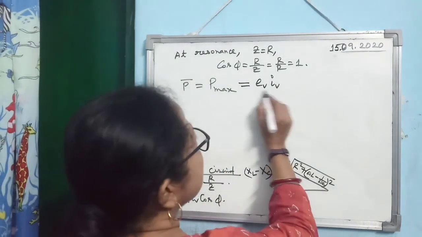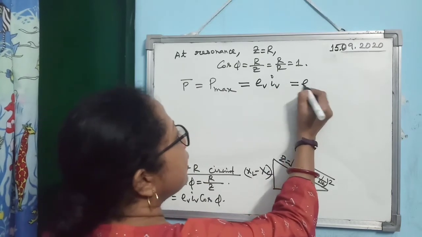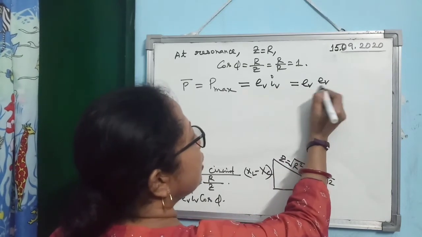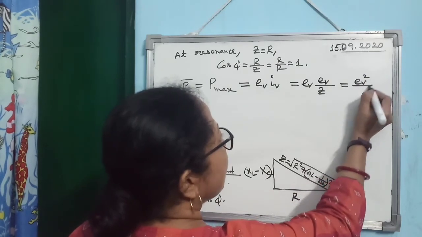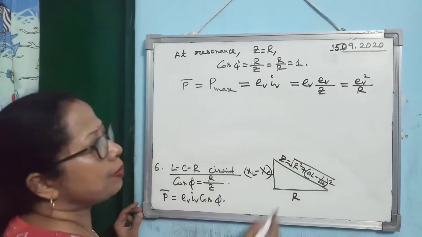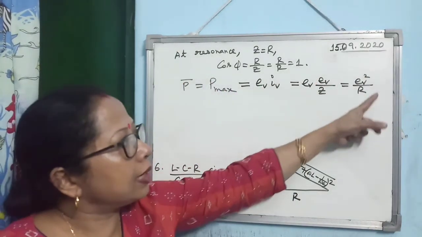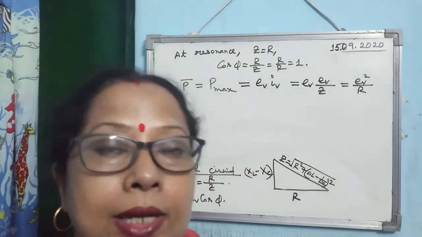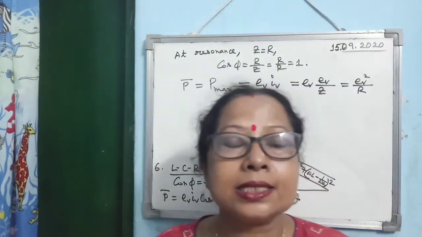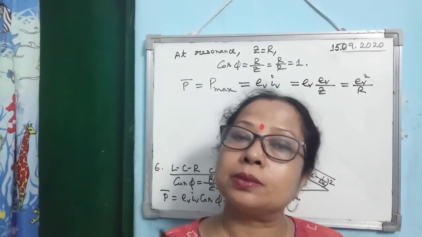Again, EV into IV, you can write like this also. You know that IV is equal to EV by Z. So you can write it as EV square by R, because Z is equal to R. So these are the expressions that you have to utilize while solving the numericals. At resonance for the LCR series circuit, the average power dissipated becomes maximum.